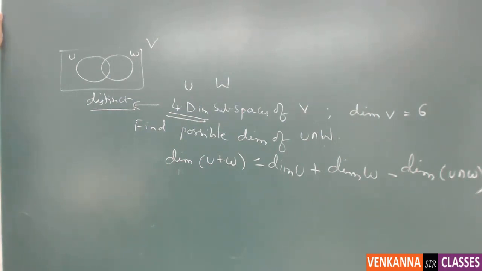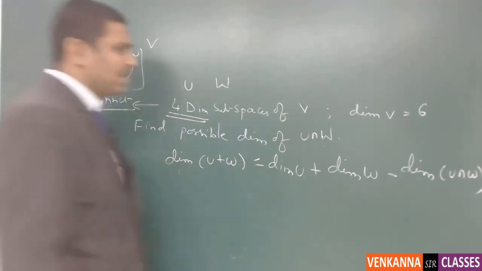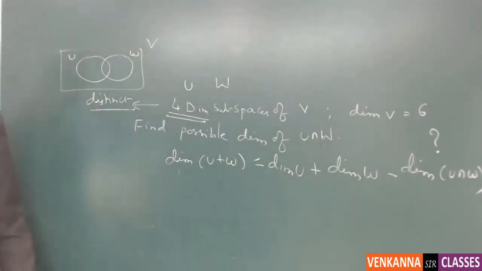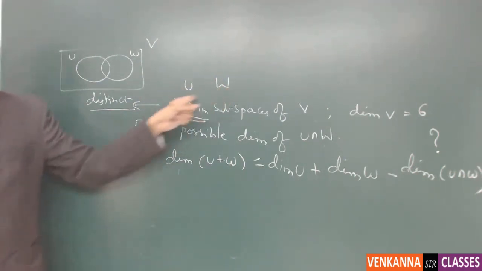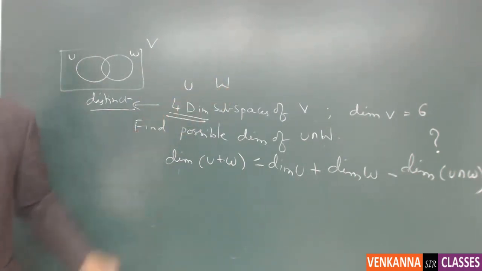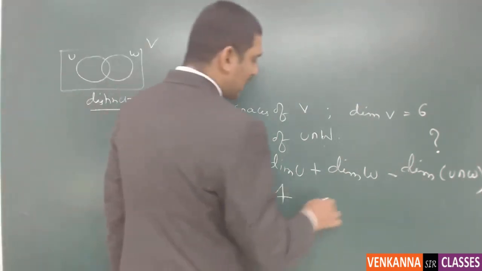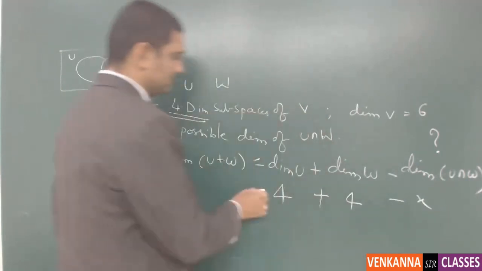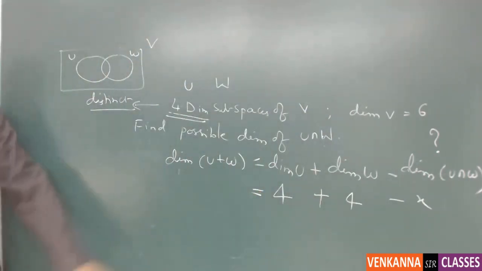Now, you are going to find what is the dimension of U intersection W here, what it will be. You know one thing that U and W have dimension 4. So this is 4 and this is 4. And this is not known, this is X. And how about this one? What we can say about dimension of U plus W?